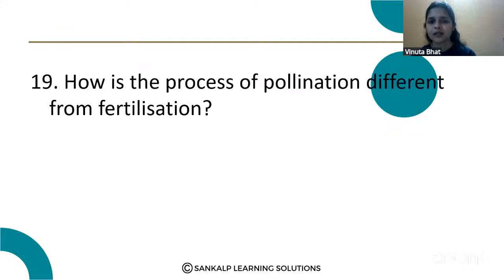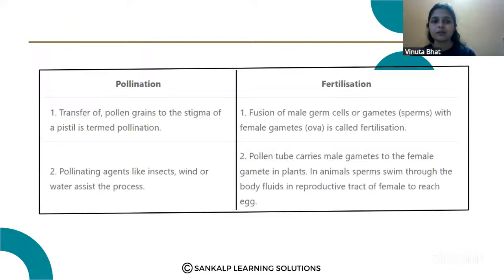Next question. How is the process of pollination different from fertilization? Pollination is the transfer of pollen grains to the stigma of the pistil. Fusion of male and female gametes is called fertilization, and pollinating agents like insects, wind or water assist the process.